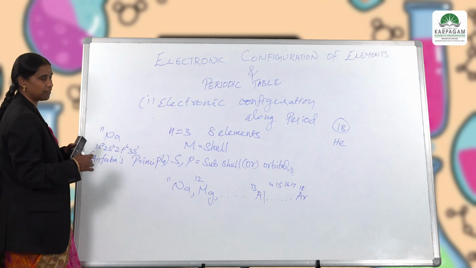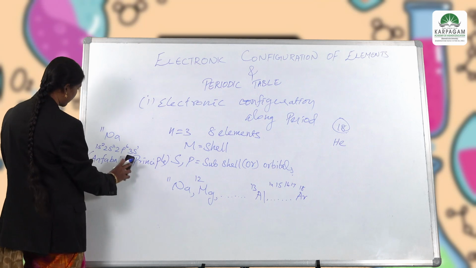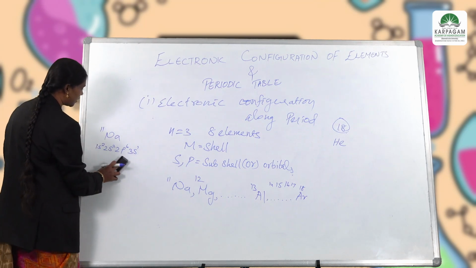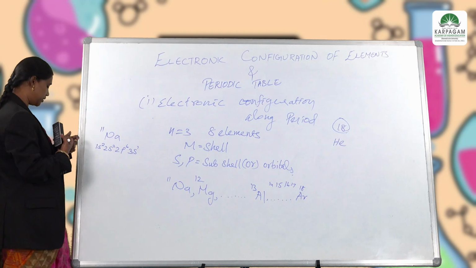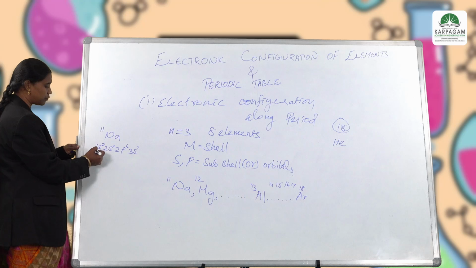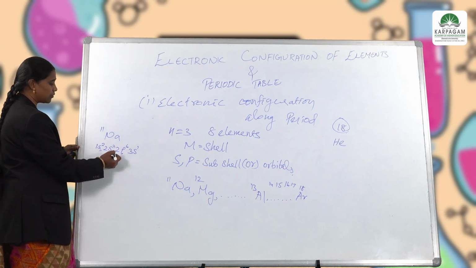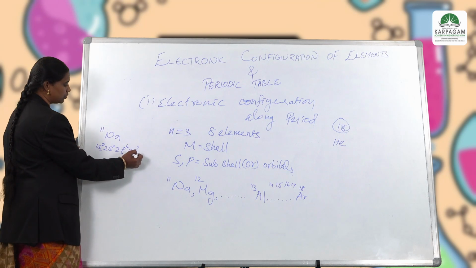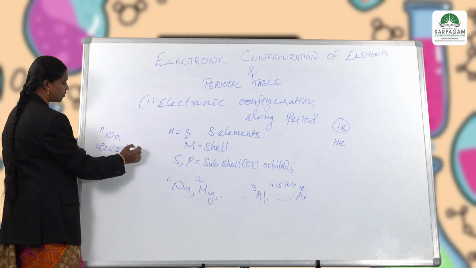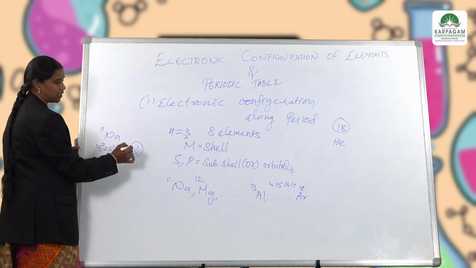These energy levels are defined by the Aufbau principle, and according to the atomic number the electrons are filled like this. The first electron is filled in the first subshell s, and then electrons are filled in another subshell p, and it goes on. Because it is the third period, its last electron is filled in the 3s series.